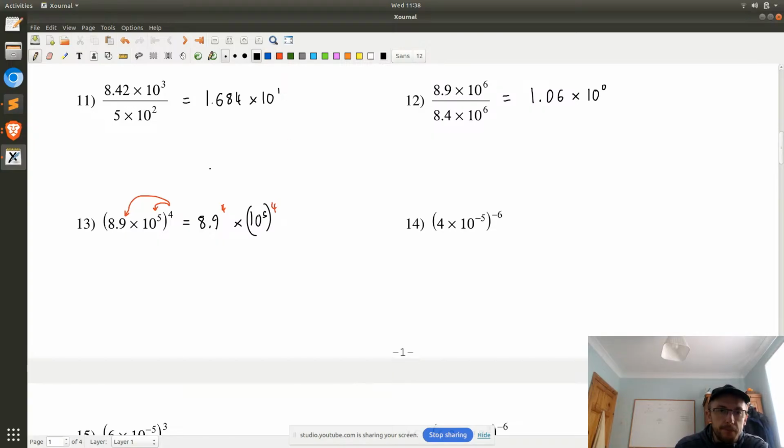Both of them. So 10 to the 5 to the 4, that would be 10 to the 20. And 8.9 to the 4 is approximately 9 to the 4, which is approximately 6,561. But that's not good enough. You have to actually figure it out.